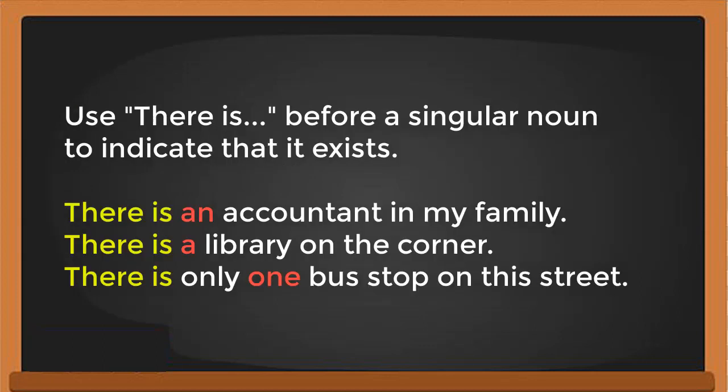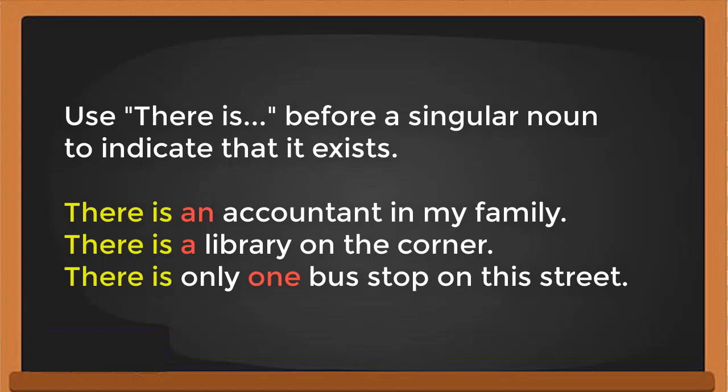Next, we use there is before a singular noun to indicate that it exists. So to indicate that something exists, you use there is before a singular noun. For example, there is an accountant in my family.